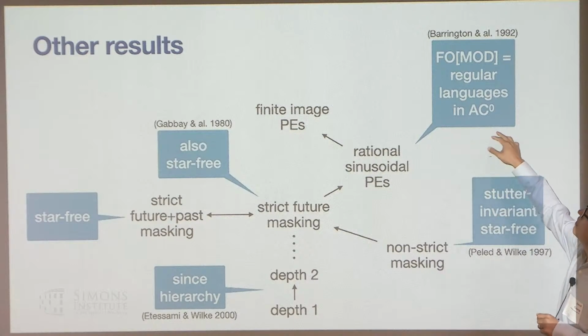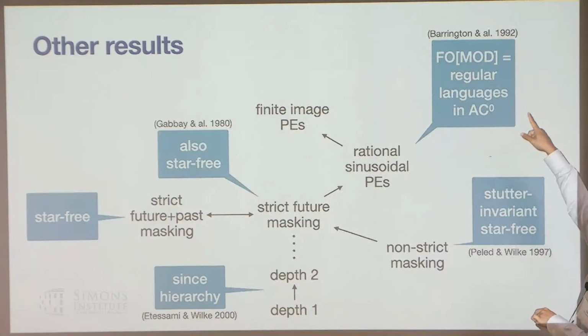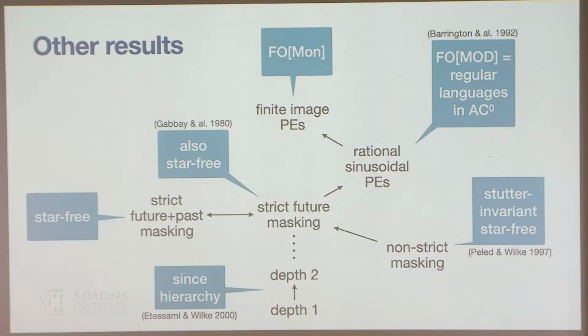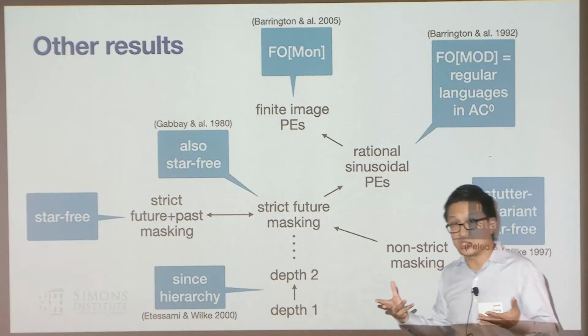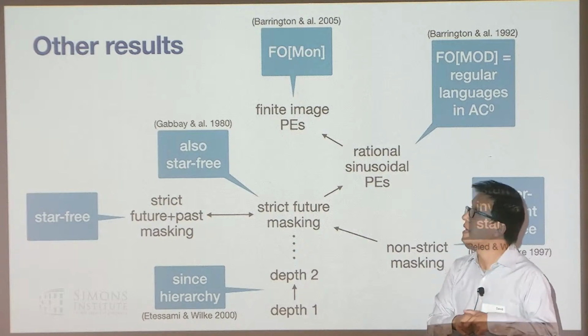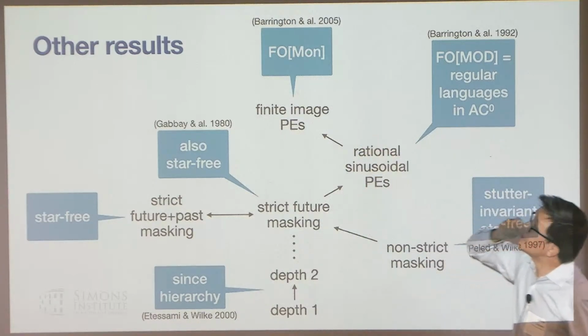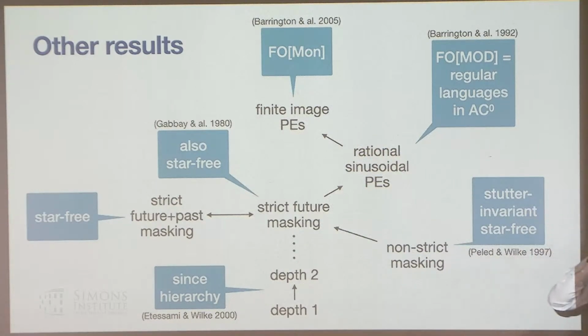And that's also equivalent to exactly the regular languages in AC0. So this was a logic and a class of languages that was studied in 1992. And finally, if you consider adding any position encoding, as long as the position encoding has finite image, then that corresponds to a class of languages called FO[MON], which is first order logic augmented with any kind of monadic, any kind of one place predicate.